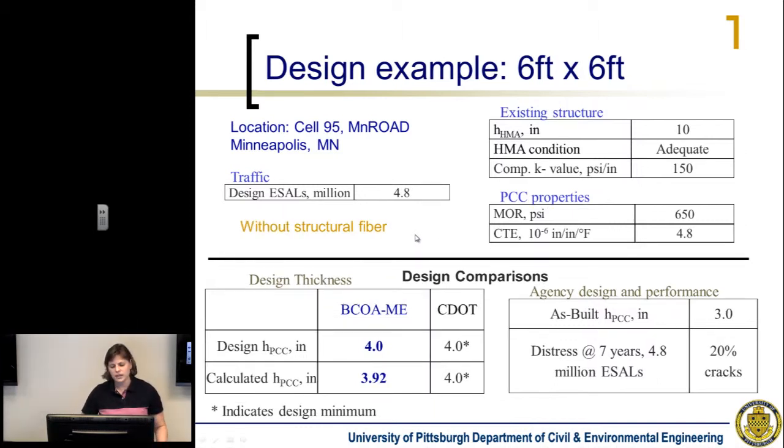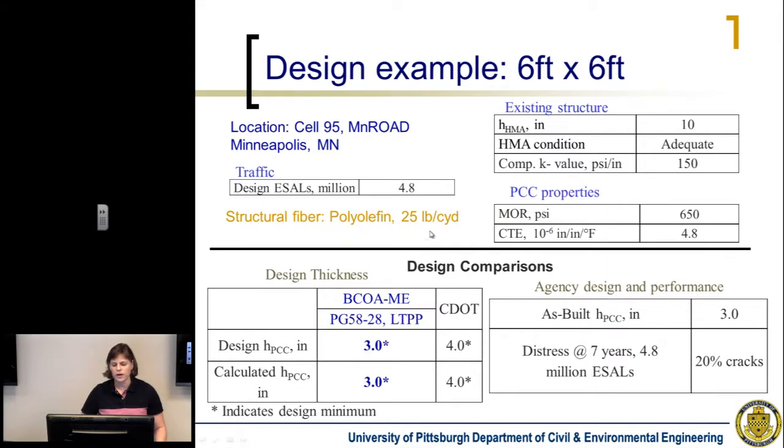And this example was brought in because structural fiber was used, 25 pounds per cubic yard. So when the design procedure considered a structural fiber, the BCOA-ME then predicted a 3-inch overlay thickness. The Colorado was predicting 4, and then the as-built was 3. So we had 20% cracking, pretty much failure at 4.8 million ESALs, and so we had a pretty good prediction here.